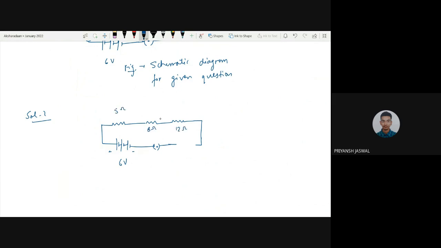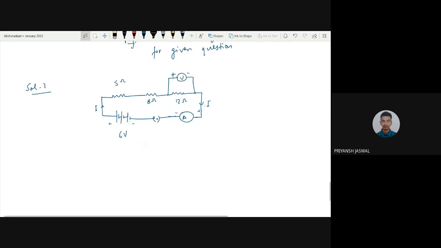They've asked us to insert an ammeter and a voltmeter across the 12 ohm resistor. So they have asked us to calculate this current, and this potential, this is V3.